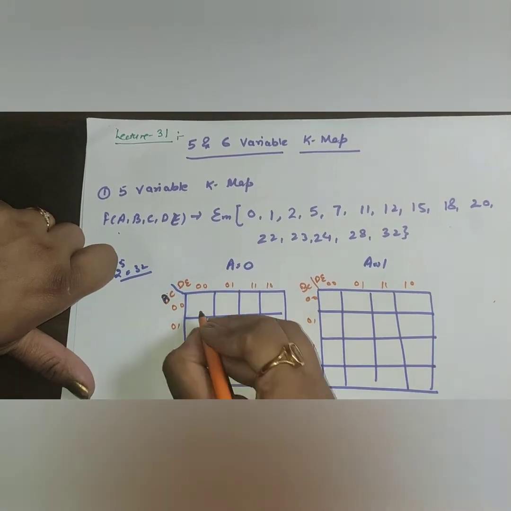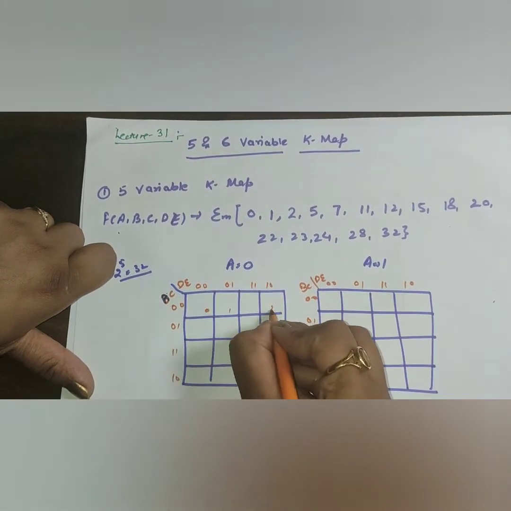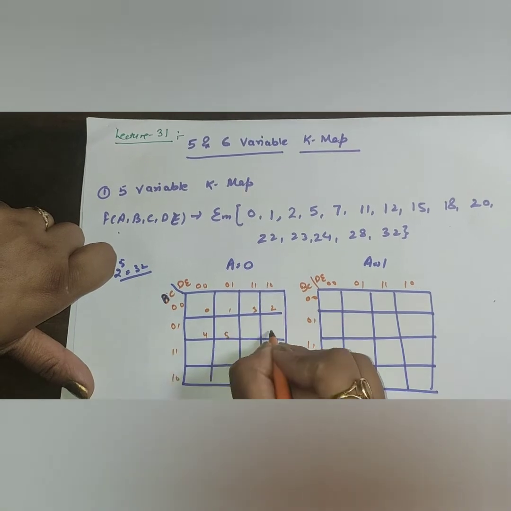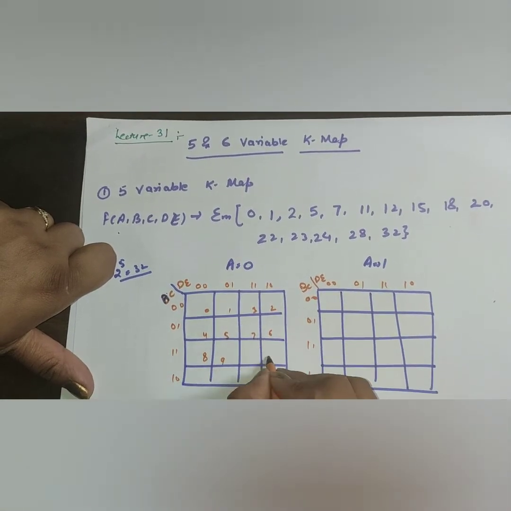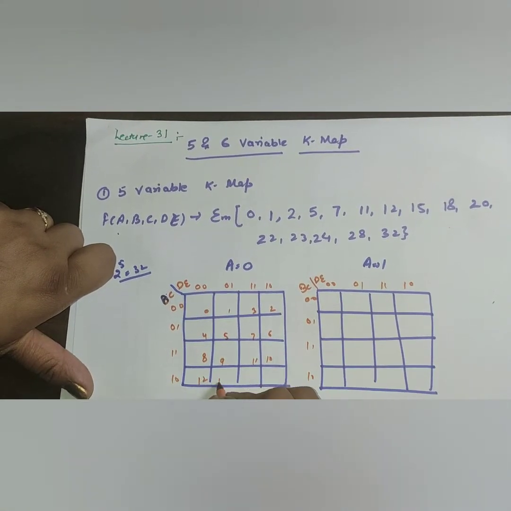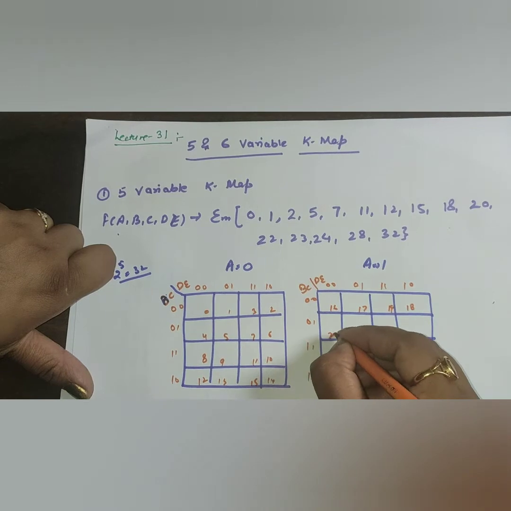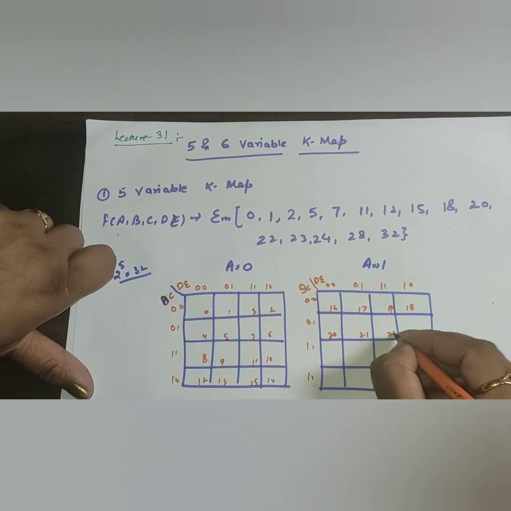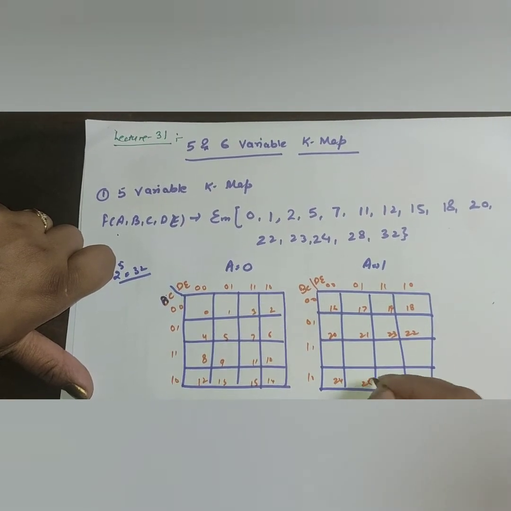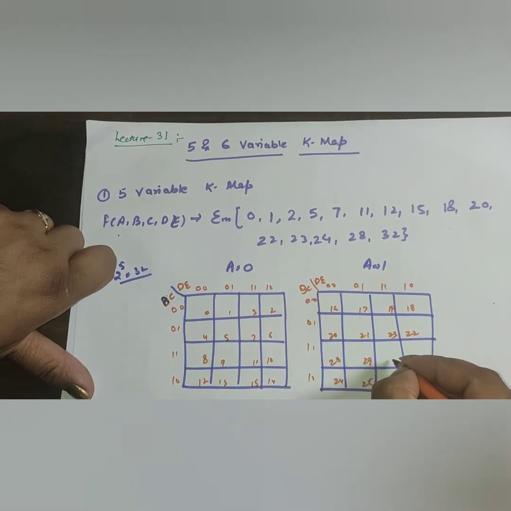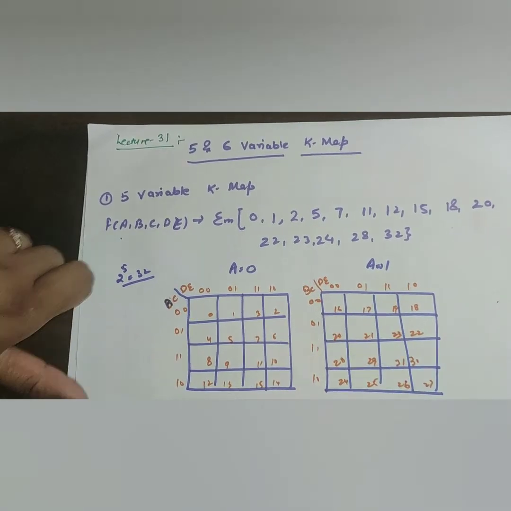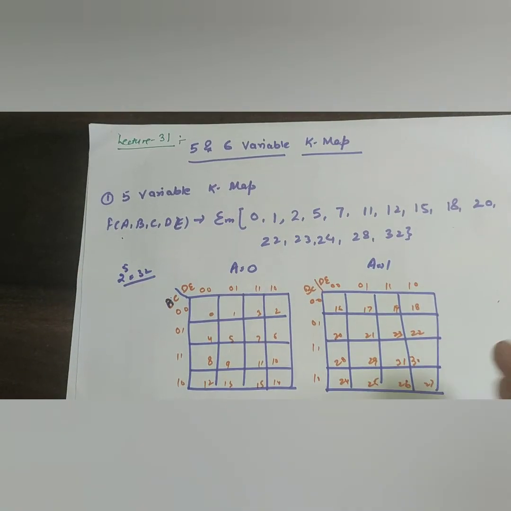Now how can we make the numbers? 0 1 2 3 4 5 6 7 8 9 10 11 12 13 14 15 16 17 18 19 20 21 22 23 24 25 26 27 28 29 30 and 31.